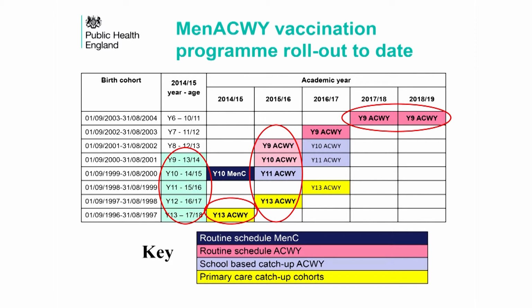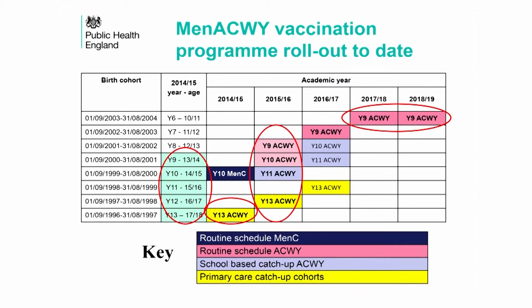Now, the program itself is quite complex. You don't need to take this in detail. This is just really to highlight that the strategy aimed to offer vaccine to all children aged 13 to 18 years in the 2014-15 academic year. So this is our catch-up cohort. And it began with vaccination of those who left school in 2015.